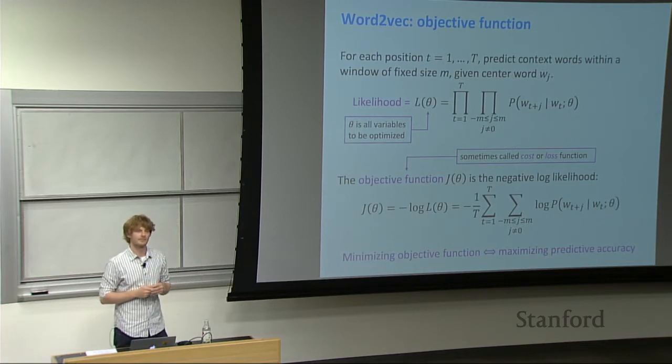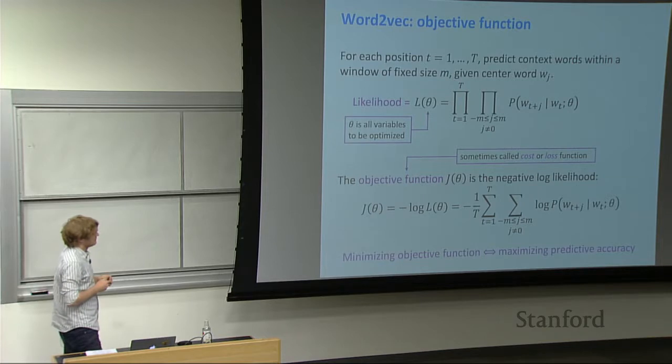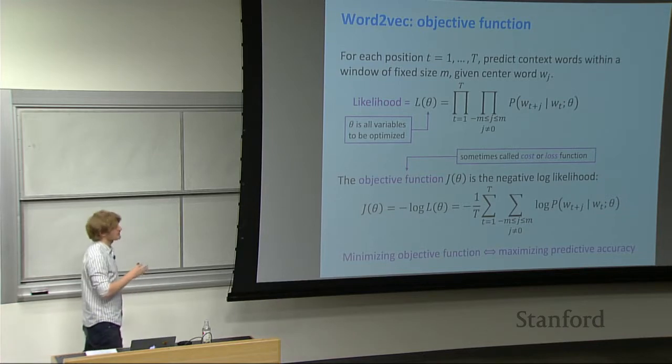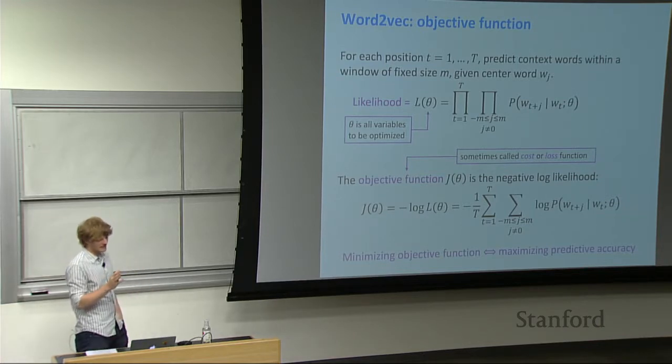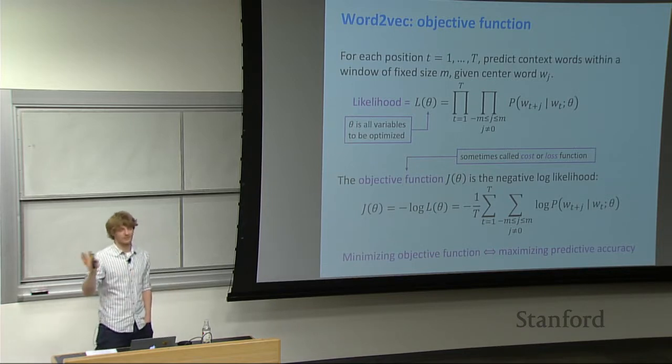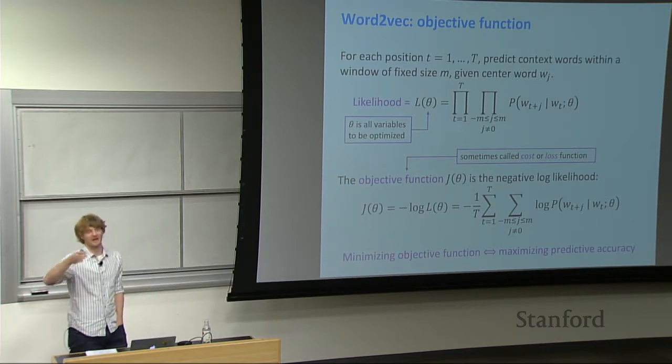So do we consider this likelihood as a factor probability distribution over all the words? So it's certainly not, and we'll get to that. We're not trying to predict the next word like in language modeling, and we'll actually have a whole lecture on trying to predict very accurately the next word.